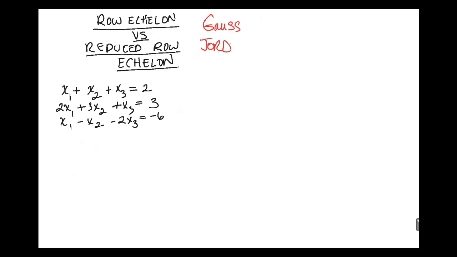In the Gauss-Jordan method, what you'll be doing is solving your system of equations until you get to the reduced row echelon form.